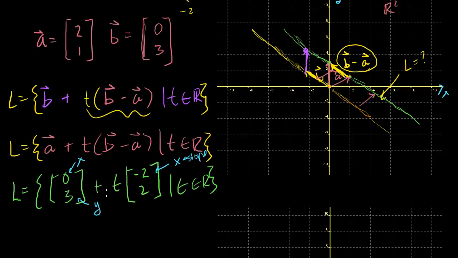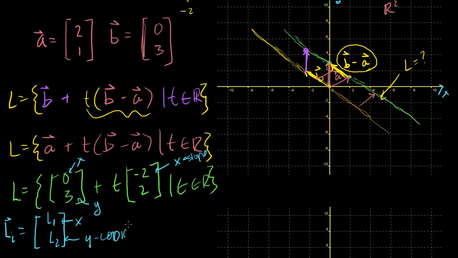This is always going to end up becoming some vector L1, L2. Right? This is a set of vectors, and any member of the set is going to look something like this. So this is the x-coordinate, and this is the y-coordinate.